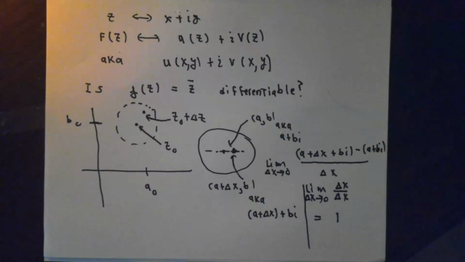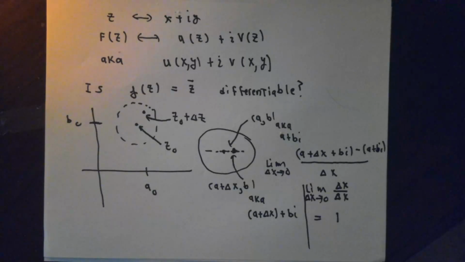Since delta x isn't 0, that fraction is 1, and I'm taking the limit as delta x goes to 0 of 1, which is 1. Therefore, the derivative of the function must be 1.